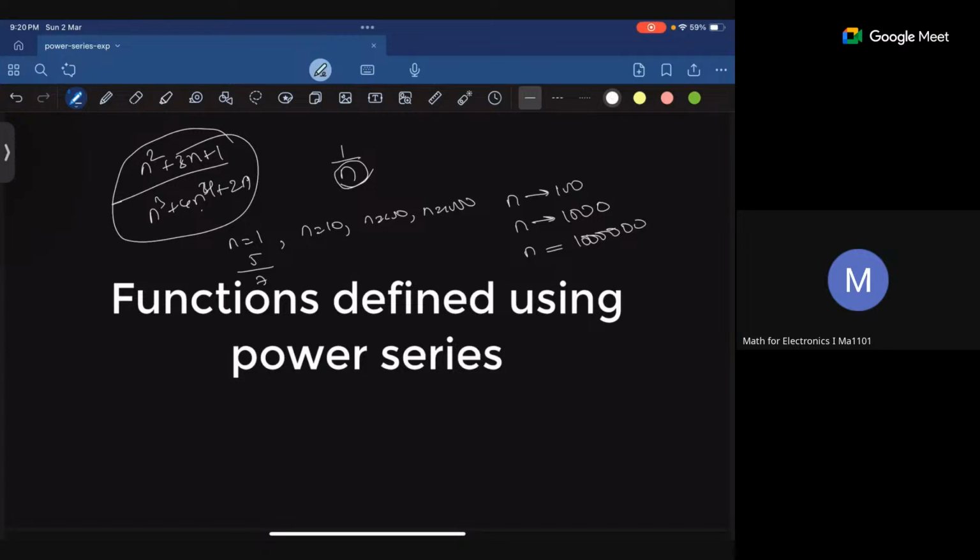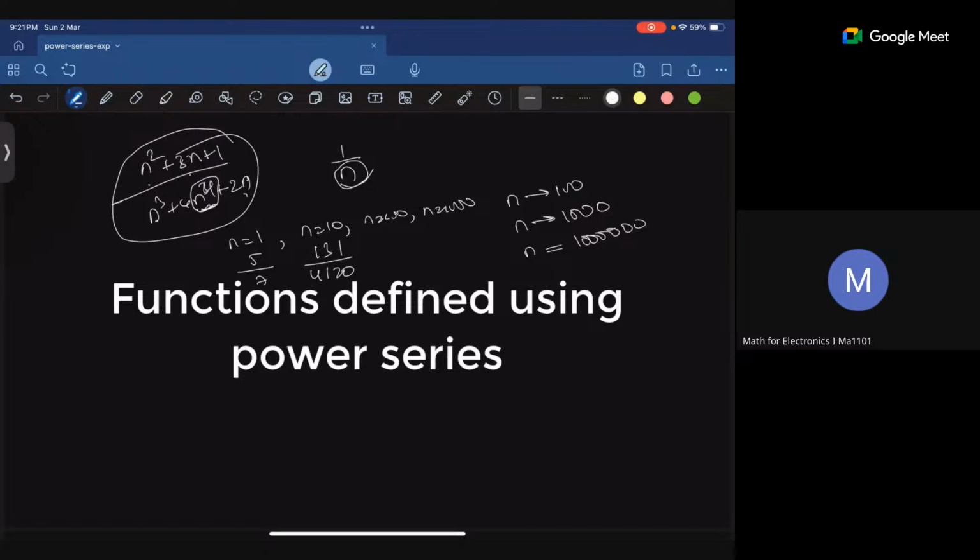Whereas when n is 10, you have n power 4 in the denominator, so the denominator has 1000 in it. 4 into 1000 is 4000, plus 100 is 4100, plus 20 is 4120. But in the numerator you have only n square: 100 plus 30 plus 1, 131. When n is 1, it is 5 by 7. When n is 10, it is 131 by 4120.